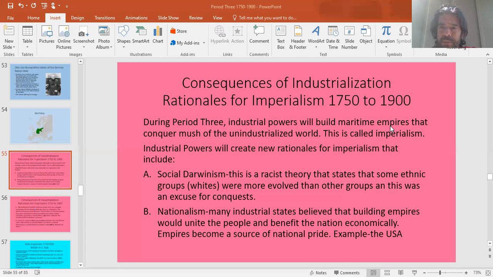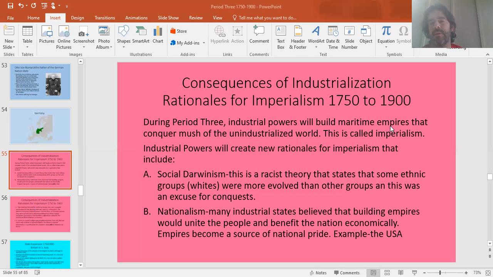The industrial powers, or at least some of them, Britain and France, had already had maritime global empires. By the end of this unit, 5 of the 6, all of them except Russia, will have maritime global empires. Because when you turn to industrialization, what are you able to do? You're able to produce more resources.